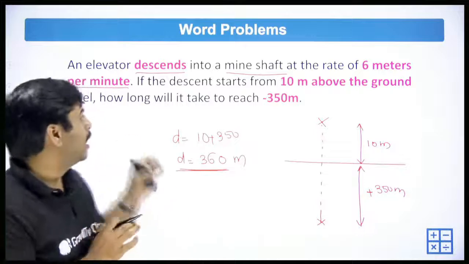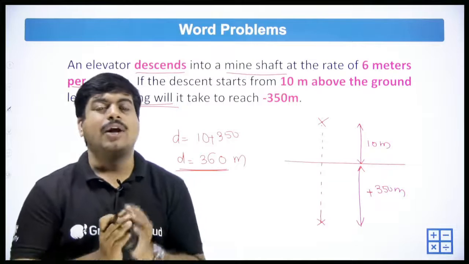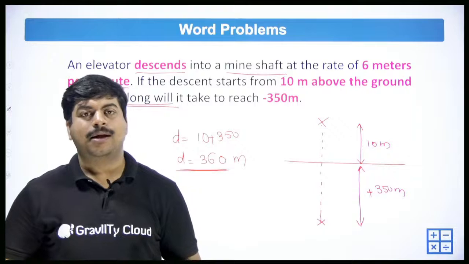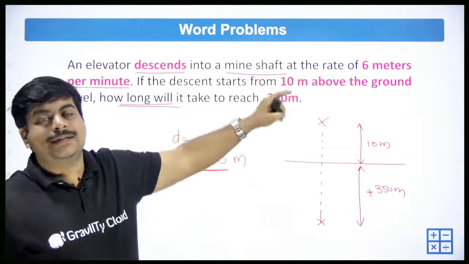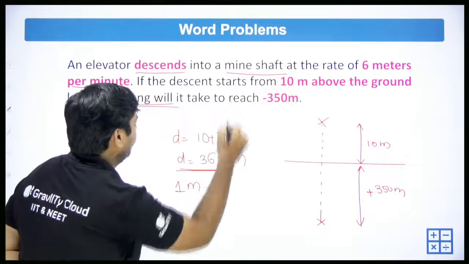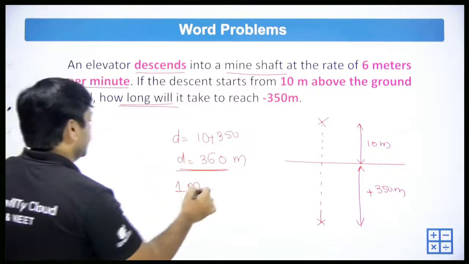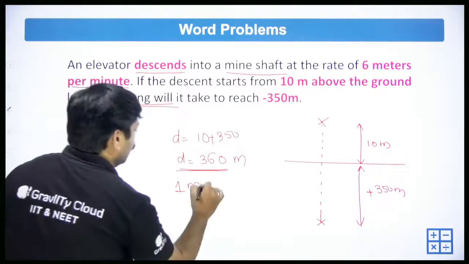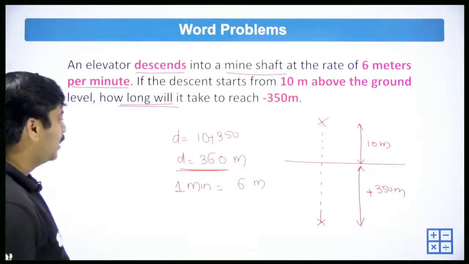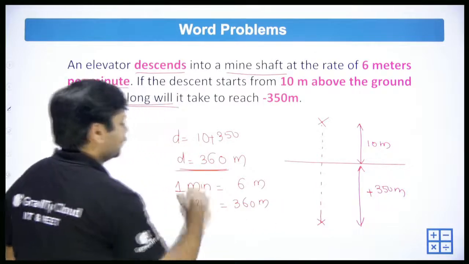But we should find how long it will take, meaning how many minutes or hours, what is the total duration of that journey at the rate of 6 meters per minute. For 1 minute, let us say we are going at 6 meters. Then for 360 meters, how much time are we taking?